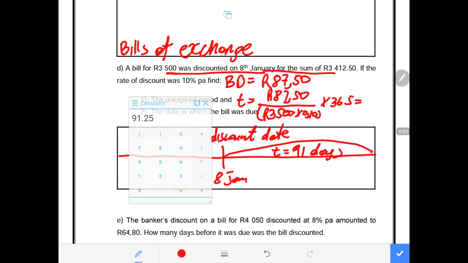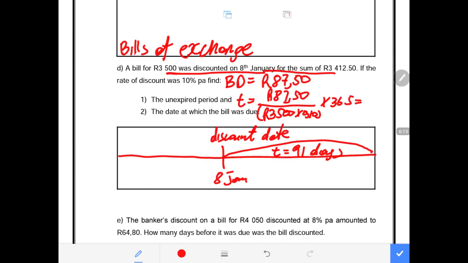So now we have 91 days, which is our unexpired period, exactly in response to the first part of the question. So the first part is 91.25, which is equivalent to 91 days. Please write first the full amount, then say 91 days.